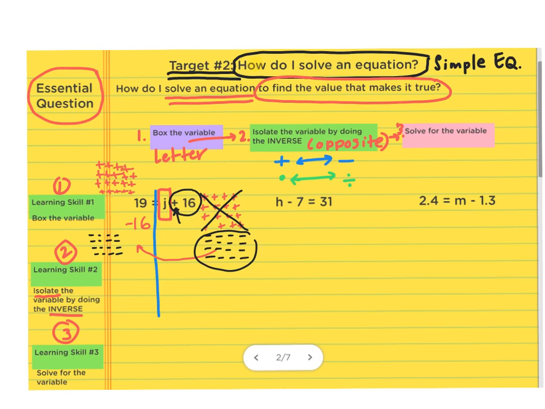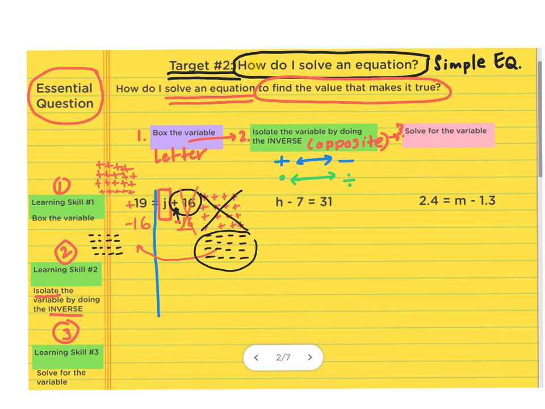And I know they're positives because this 19 doesn't have a sign in front of it, so therefore I know it's a positive sign. Okay? So remember, the next step is we isolate the variable. We get Miss Olton all by herself, so I could literally just put a negative 16, just like what we did, and we can cross these out.